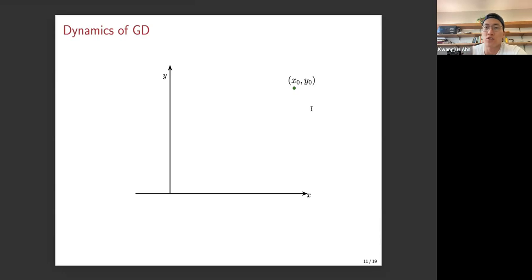In terms of the geometry of the landscape, as you get further away from the origin, the minimum becomes sharper and sharper, and as you get close to the origin, the minimum becomes flatter. So when you initialize gradient descent on the upper plane, gradient flow, the continuous dynamics, converges to this value.